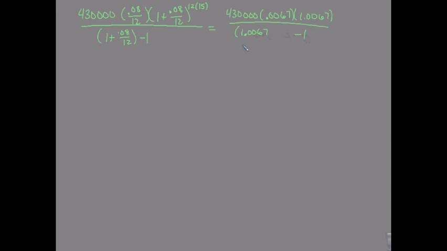Except the difference is instead of being 360, it's 12 times 15, that's 180 for my exponent. So I'm going to do 0.08 divided by 12, and I'm going to raise that to 180.